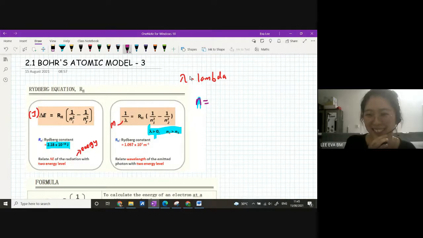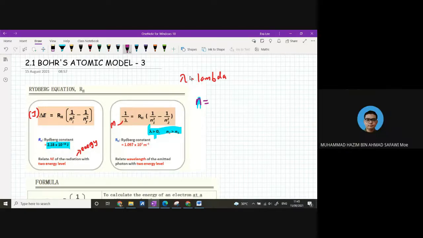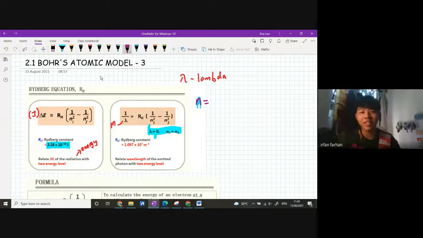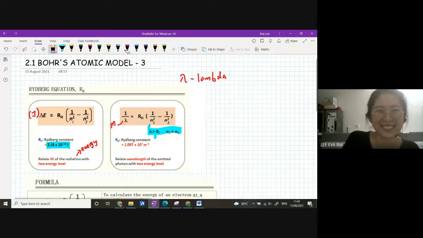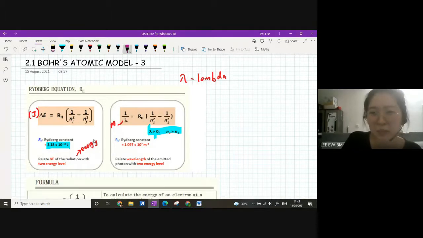Dengar ya? Okay, tak apa. Siapa yang cakap tadi? Hazim. Saya madam. Never mind. After the lesson, you can watch back the recording lah. Okay? Oh, dia tak dengar tapi dia boleh jawab. Macam mana tu? Tak apa.